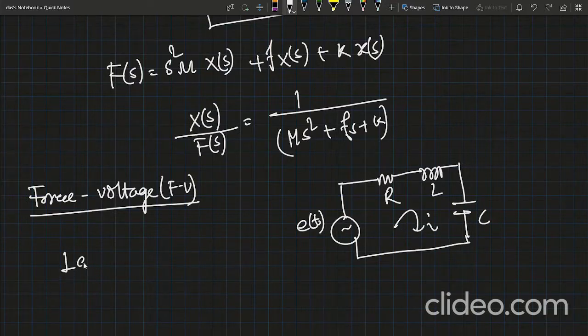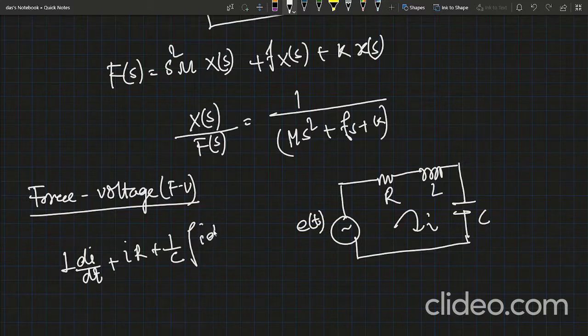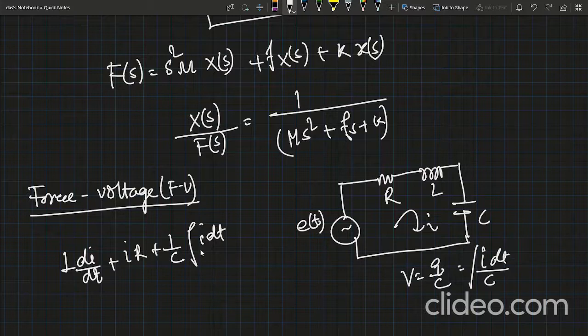According to the KVL equation, we know that L di/dt plus iR plus q by C equals the voltage, where q equals the integration of i dt, and V equals q by C. Basically this comes from KVL, because the source voltage equals the sum of these three voltages, so the three voltages are adding up.